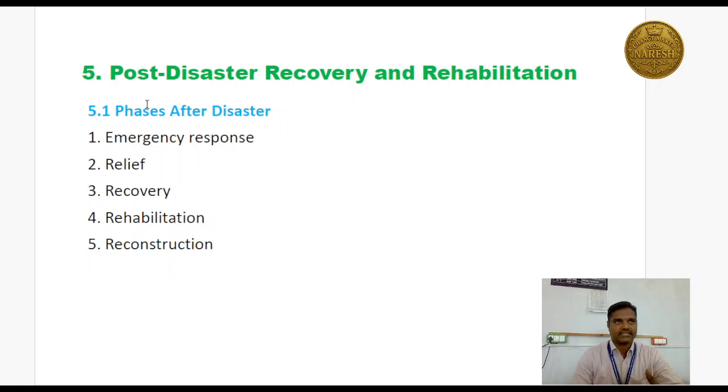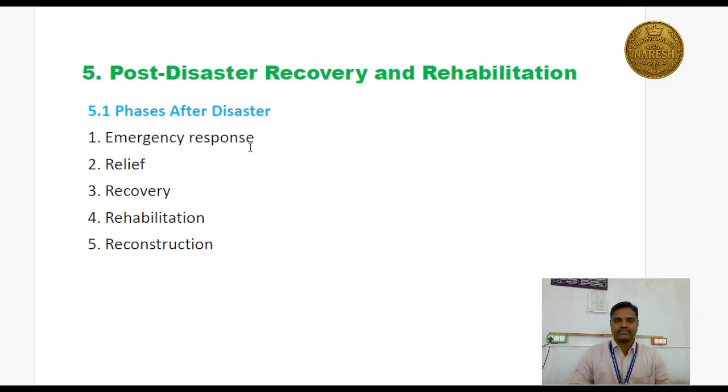The National Disaster Management Authority people react and give the information to the State Disaster Management Authority, and the State Disaster Management Authority gives information to the District Disaster Management Authority. These people go and react, and the people living there get help from the National Disaster Management Authority people.